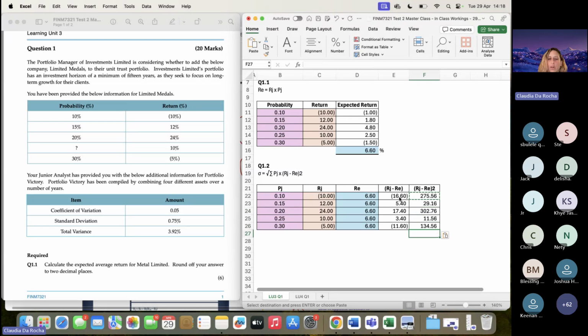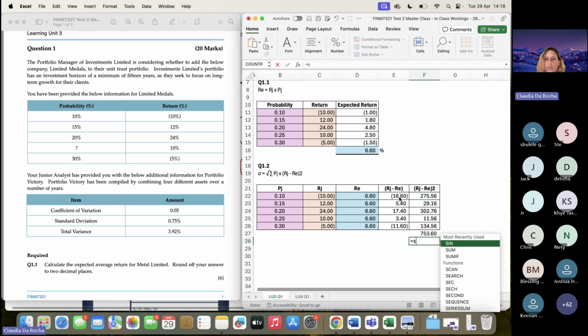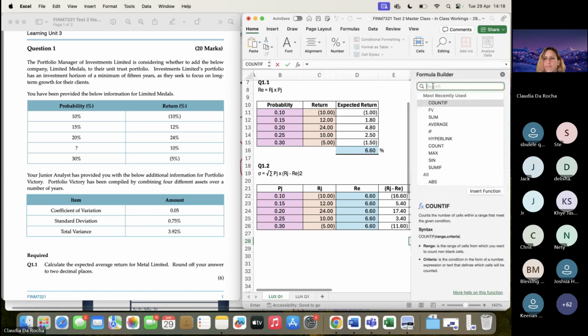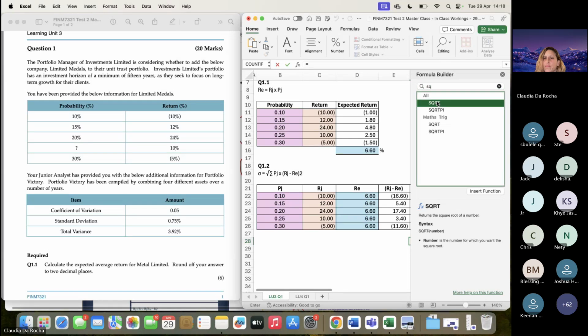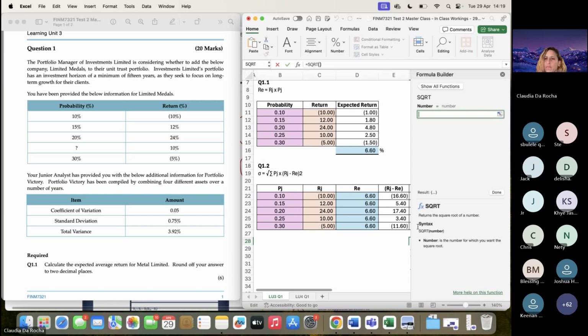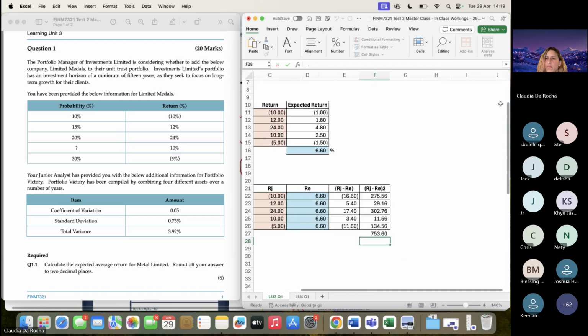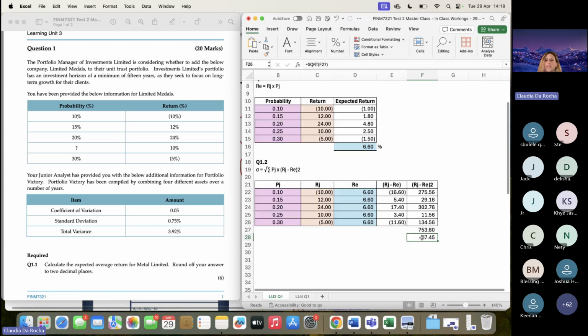We then sum up the answer here, and then we need to square root, and so our answer is 27.45%.